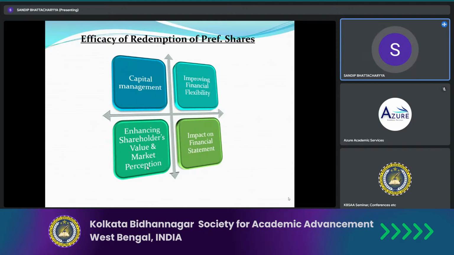All these things happen with the financial statement, so that it may affect the various financial statements of the company.